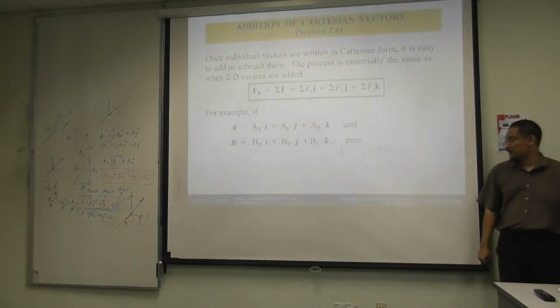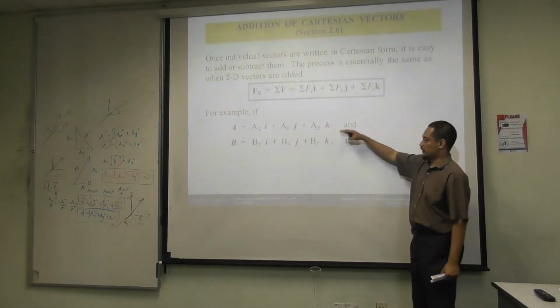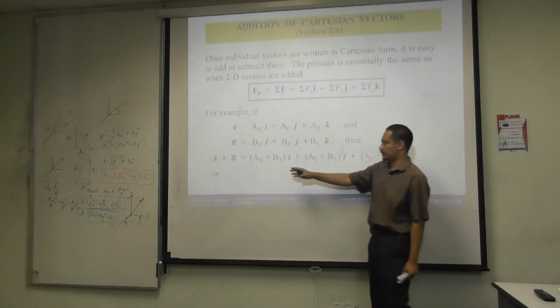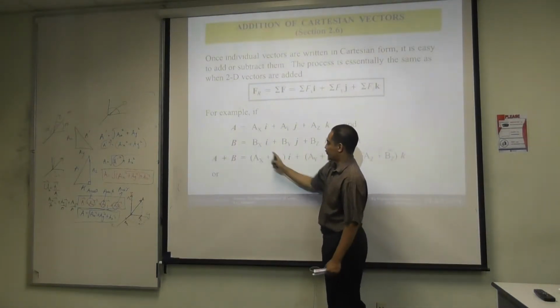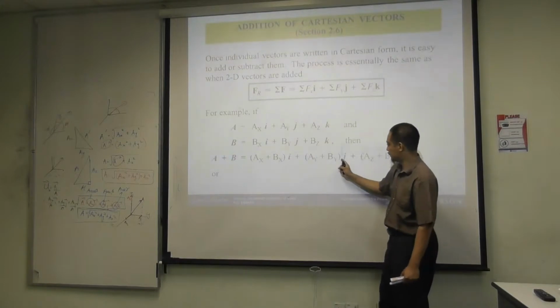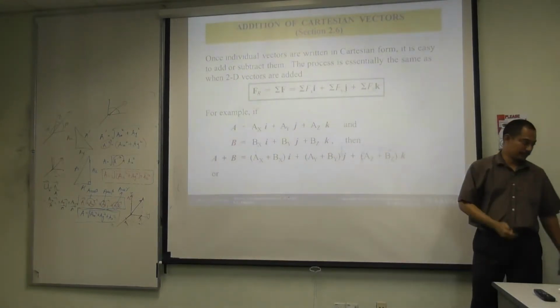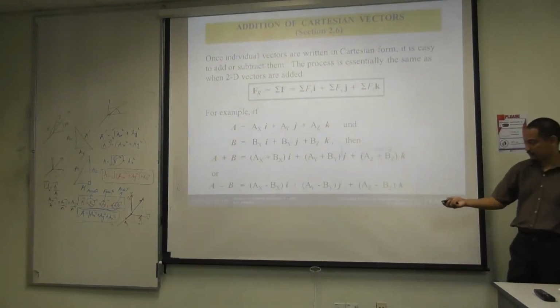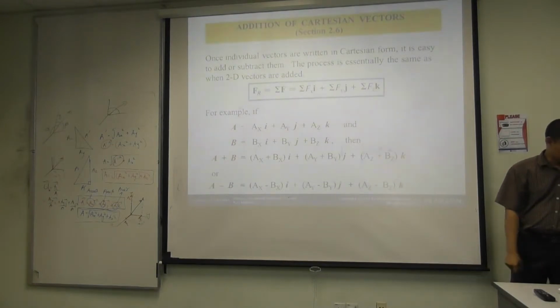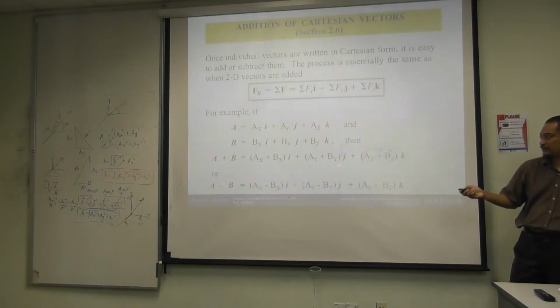So for example, if you have this vector and this vector you want to add, simply you add the X component i, add the Y component j, add the Z component k, etc. Right? So the concept is exactly the same as before. The difference is just you have 3 components instead of 2.